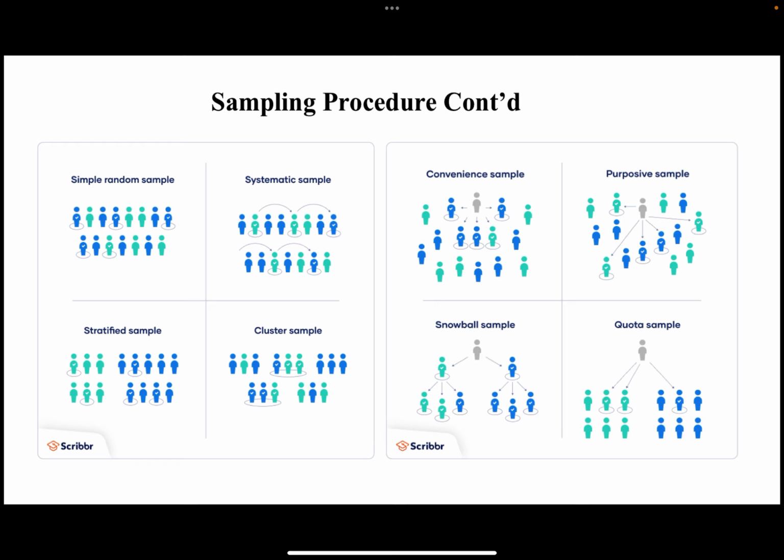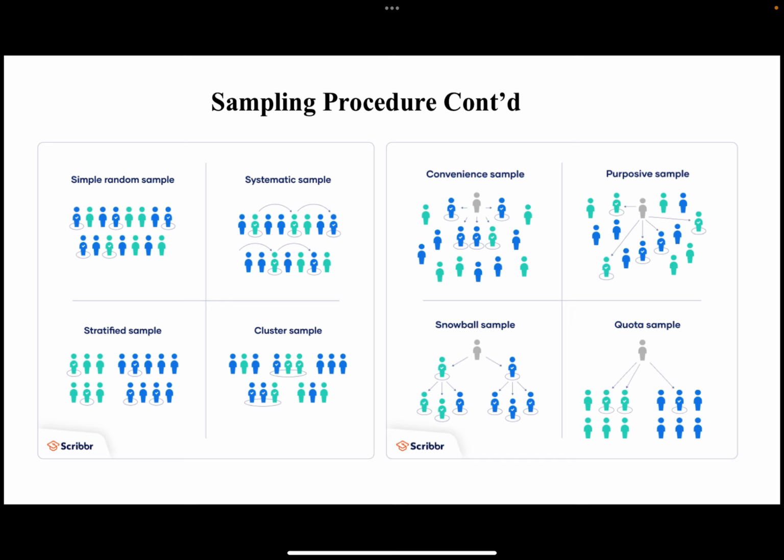This sampling technique is scientific and very objective, and it allows for generalization of our findings to an entire population. The subtypes of probability sampling are simple random sampling, systematic sampling, stratified sampling, and cluster sampling.